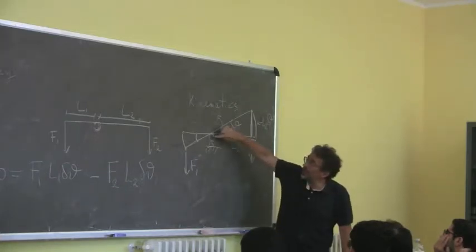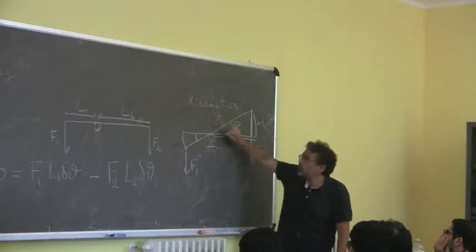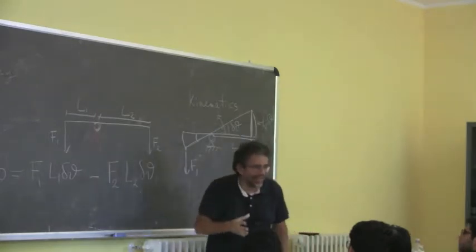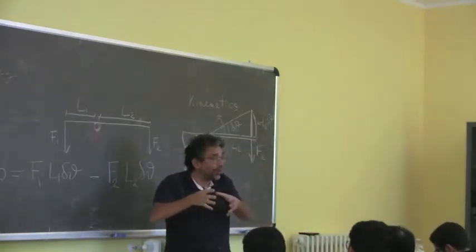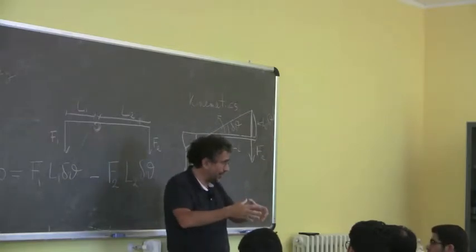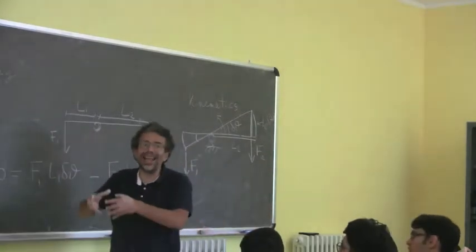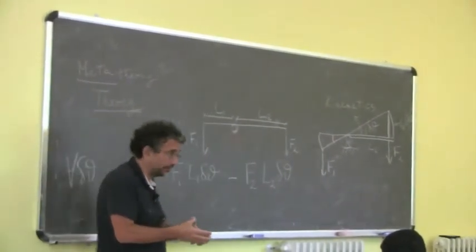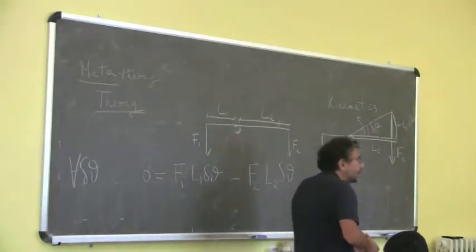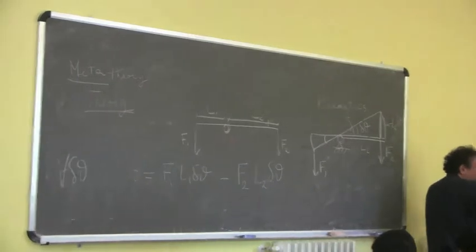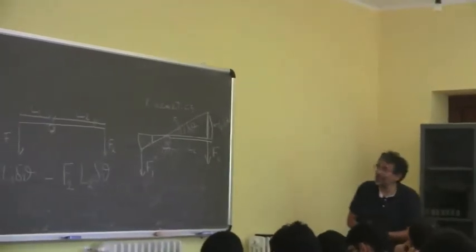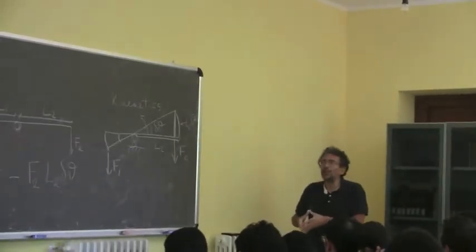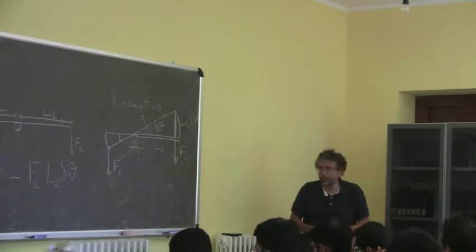This pivot is blocking this point, so this point cannot move back and forth. So you are considering only the admissible virtual displacements, the displacements which are allowed by the applied constraints. Okay? For every admissible virtual displacement, the total virtual work has to be 0.